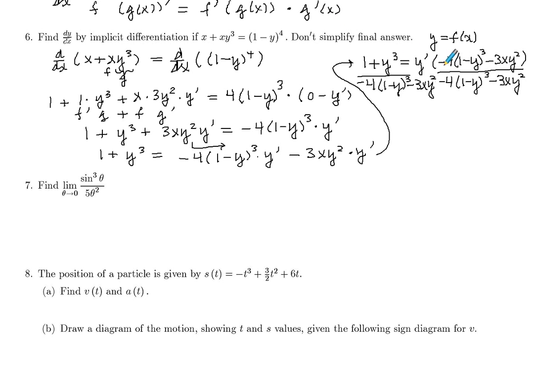So then this factor cancels with this one, and we're just left with y prime on the right hand side. So y prime equals 1 plus y cubed on top, and then on the bottom we've got our negative 4 times (1 minus y) cubed minus 3xy squared.